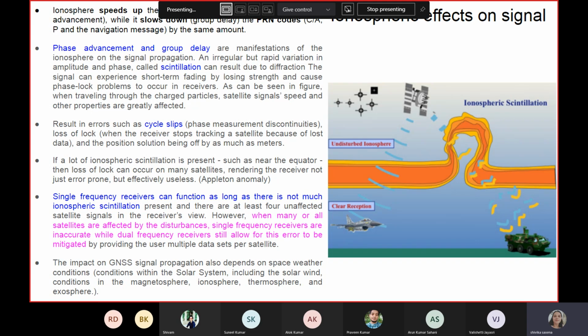Okay, so although these two phenomena represent the same thing, that is the ionospheric delay or the ionospheric error, it is manifesting in two different ways, as the code is delayed while the phase is advanced. By phase I mean carrier phase observable. So phase advancement and group delay are the manifestations of the ionosphere on the signal propagation.